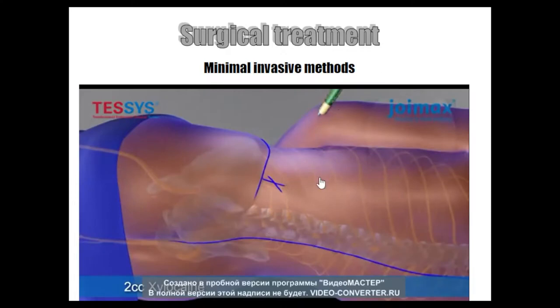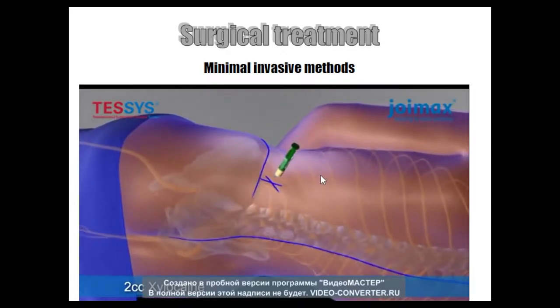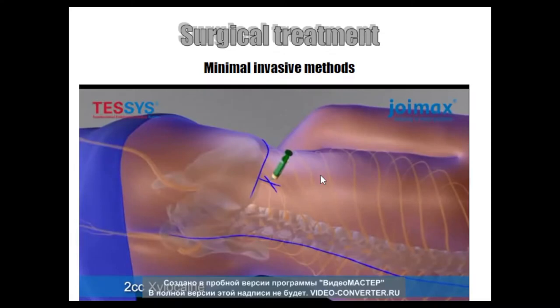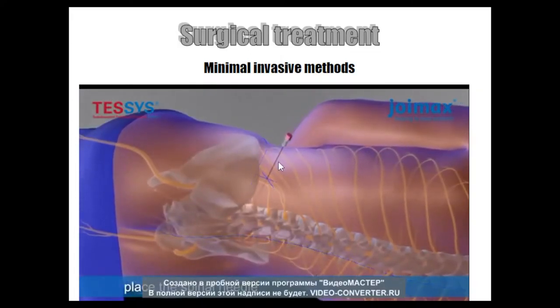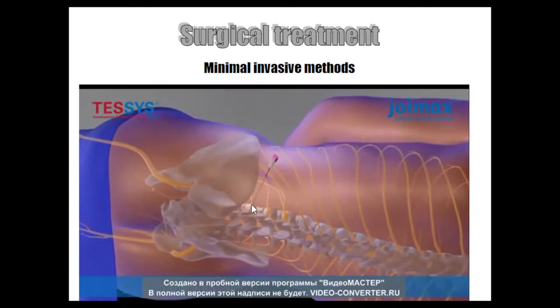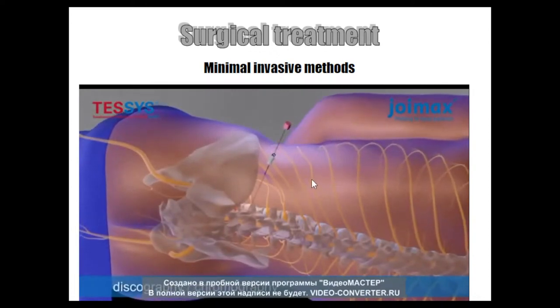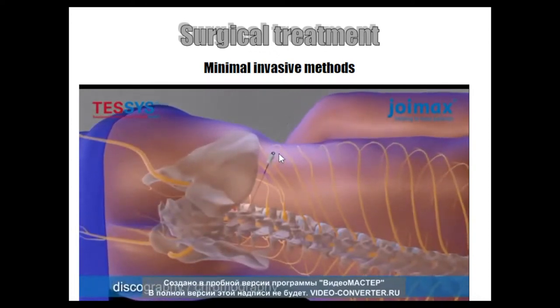After that, local anesthesia, and right after that we will take a long needle. The needle is around 16 cm and we put it into the intervertebral foramen. When you put it, it looks quite simple.